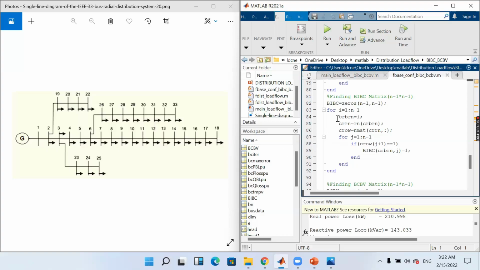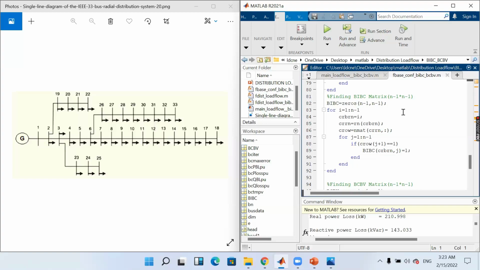So we have to run the loop from 1 to n-1, that is for each branch, and calculate the receiving end of that branch. Here we have copied the row of NMAT corresponding to that receiving end bus, that is CRRN. Here CRBRN is the current branch number and CRRN is the current receiving node.